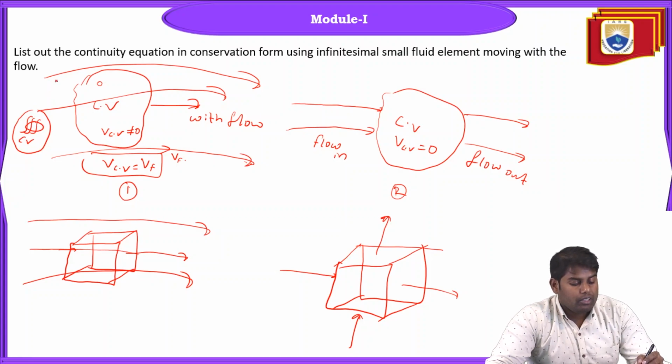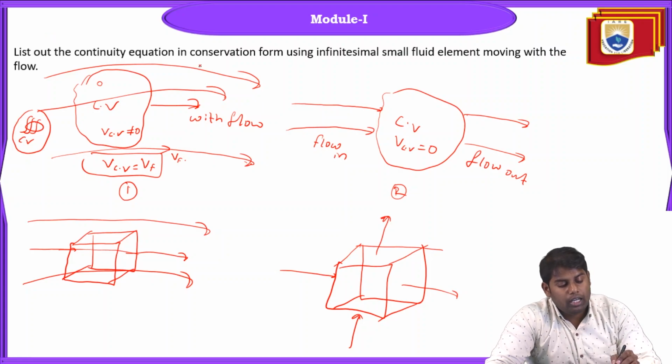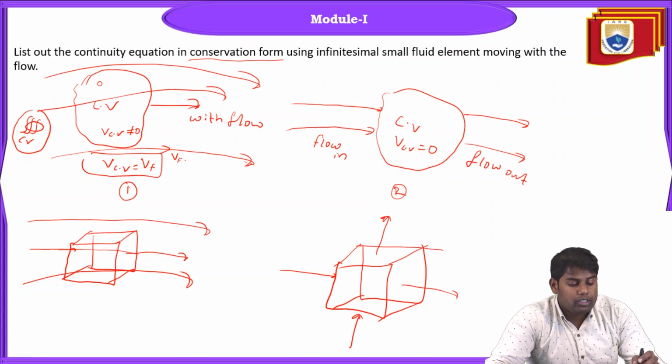When the control volume is fixed with respect to space, that form is called the conservation form. When the fluid element is moving with the flow, the form we get is called the non-conservative form.